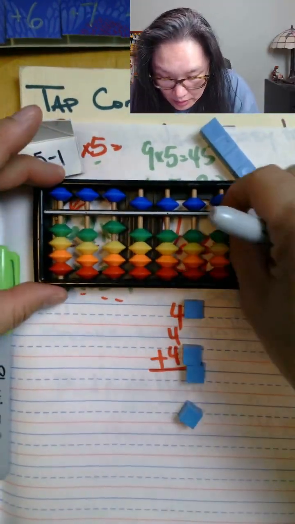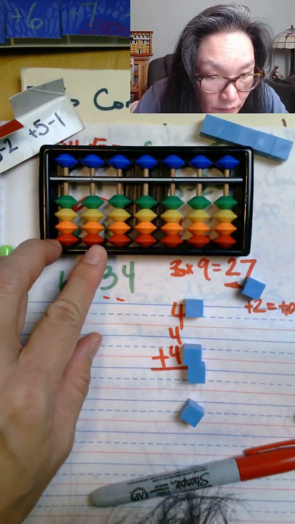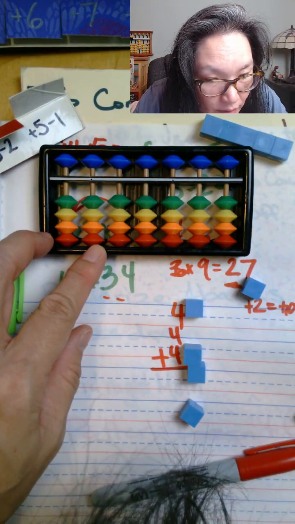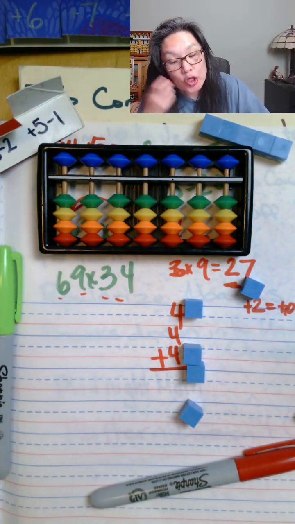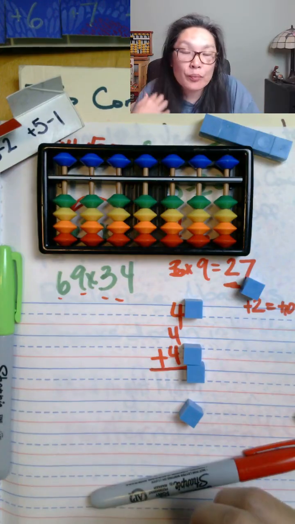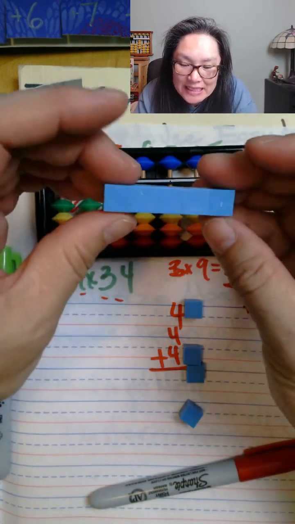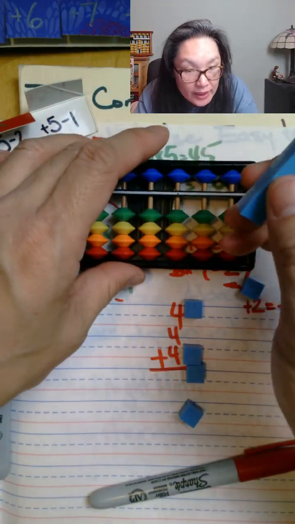Let's see. 1, 2, 3, 4. Why not block 5 beads and put the string between the 1 and the 4? You could, but if you want the kids to see 5, it's easy to see that there's 5. But yeah, you could do that.